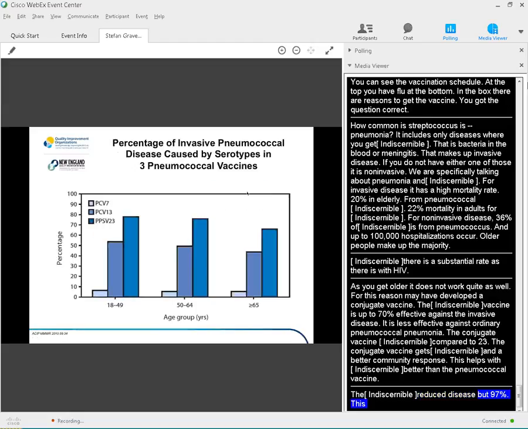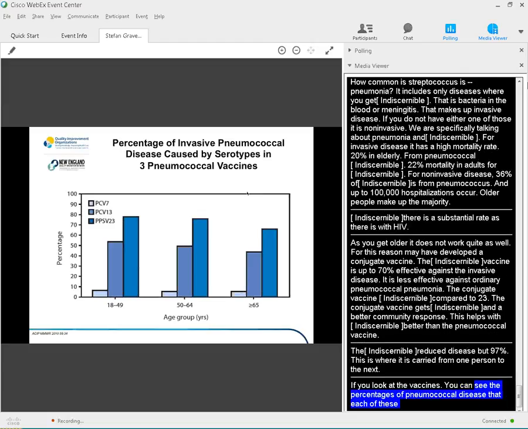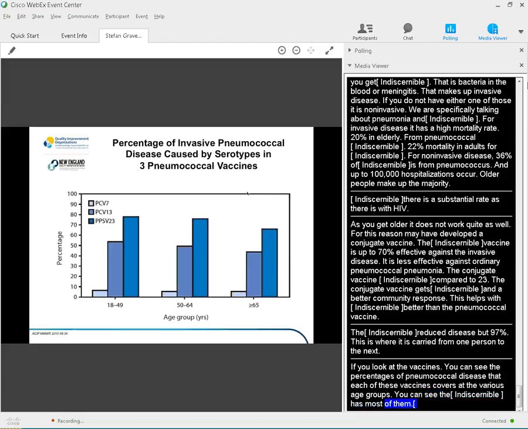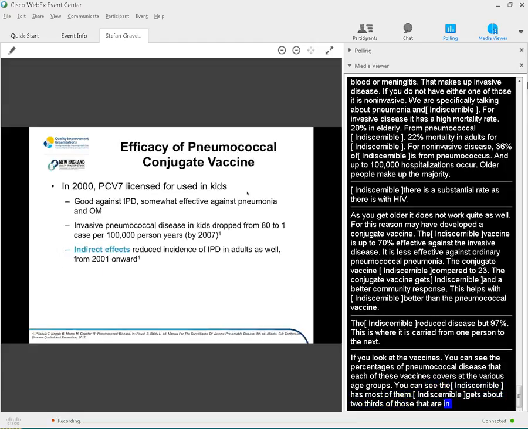So if you look at the 3 vaccines, PCV7 has 7 antigens, PCV13 has 13, and PPSV23 has 23, and you can see the percentages of pneumococcal disease that each of these 3 vaccines covers at the various age groups, and you can see the 23-valent has most of them, but PCV13 gets about 2/3 of those that are in the old-fashioned PPSV23, the one we've been giving for decades.